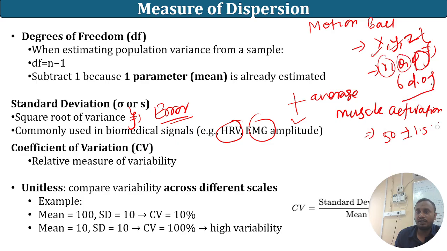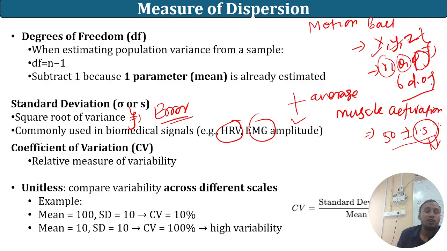We have to tell it in terms of percentage, 50% of muscle activation, but we also have to show the variability, meaning how the data is spread out. If that value is high, variability is more and the spread of the data is more. It means the data might not be consistent across participants, or maybe the data was not properly collected.